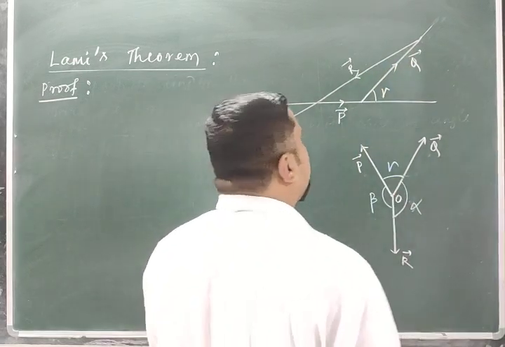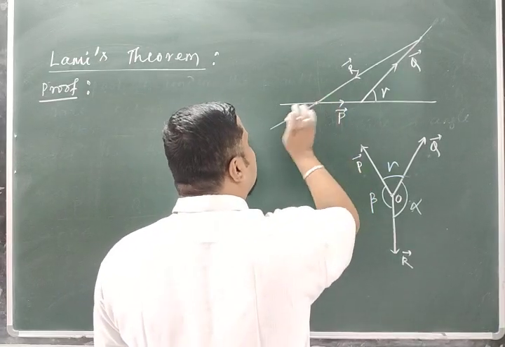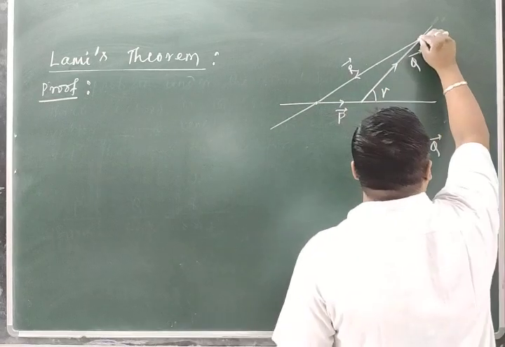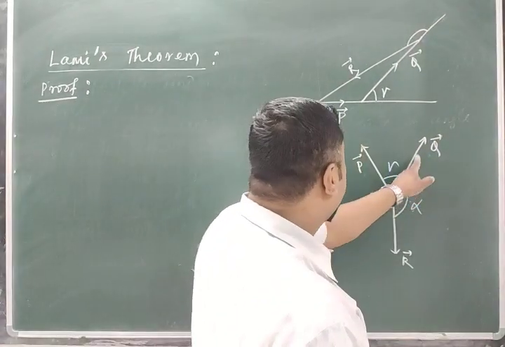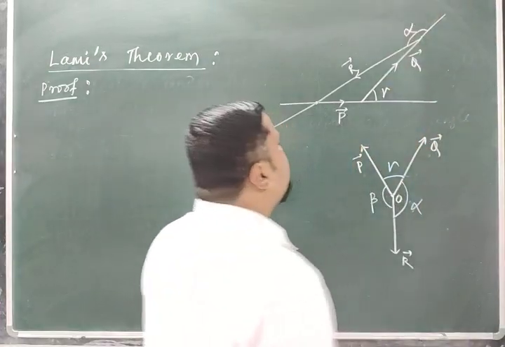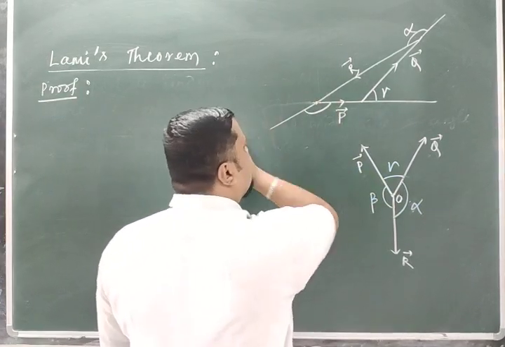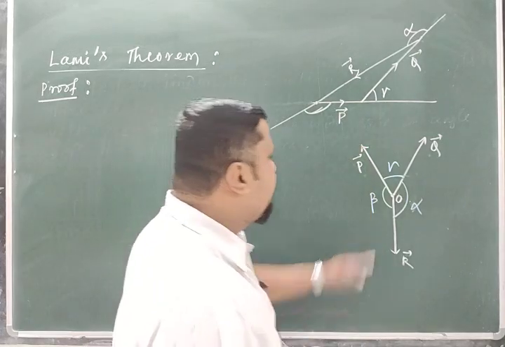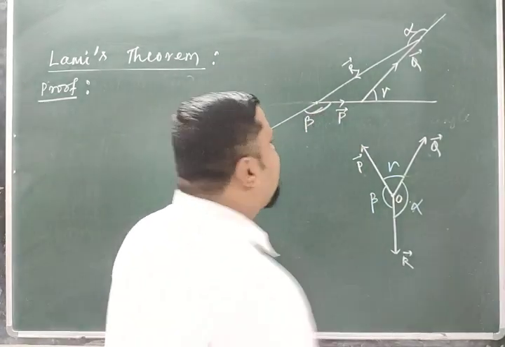What is the angle between Q and R? Q and R is alpha. And this angle is the angle between P and R. P and R is beta.